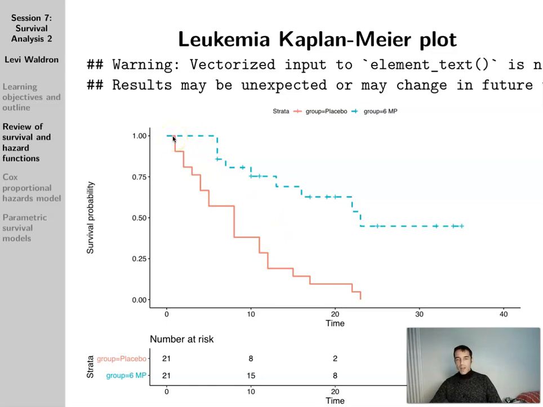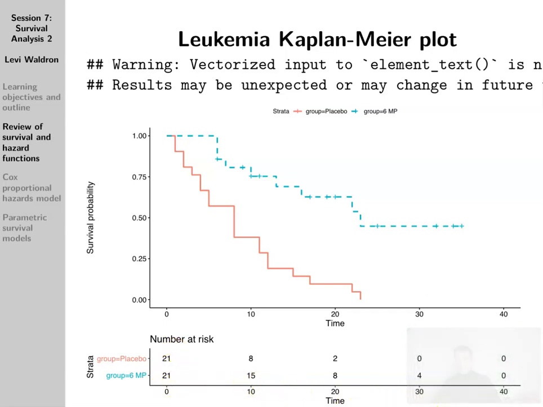Although we did it in the lab by hand, it's quite a bit easier to do this with the survival package. And this is a Kaplan-Meier plot that shows this estimated survival function for these two groups. So you can see here what we call the risk set, the number at risk at each of these times.